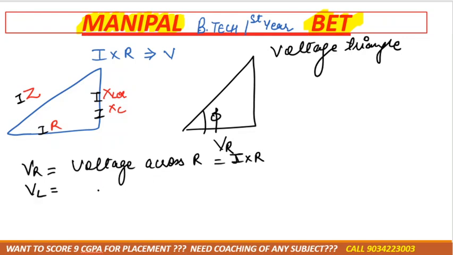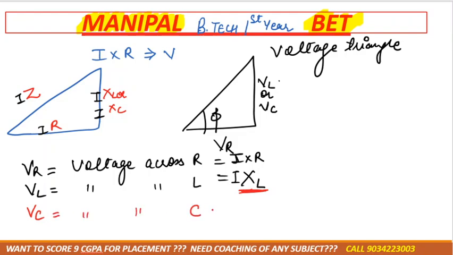Similarly, tell me what is VL. This should be VL or VC, right? Because it's the inductor or capacitor. So the voltage across the inductor is VL and its formula is I into XL, because inductor resistance is XL, right? It's not multiplication, it's X. Similarly, VC is the voltage across the capacitor. Tell me the formula.